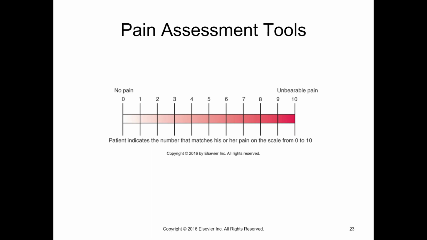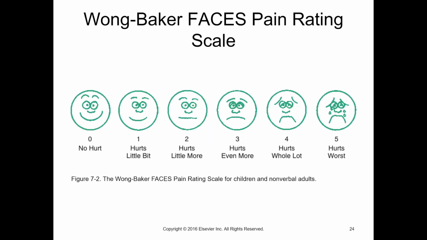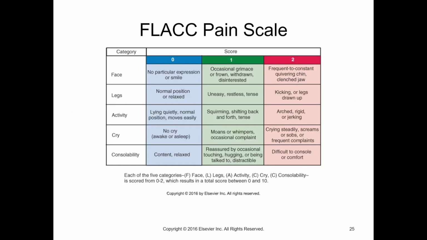So some of the more common pain scales that we'll use, you have your number scale here, 0 to 10. 10 being, I need to call you an ambulance right now. 0 being no pain ever. We have the Wong-Baker Faces scale. This is typically used for children and adults that have severe developmental disability. We have the FLACC pain scale. This is used in infants.